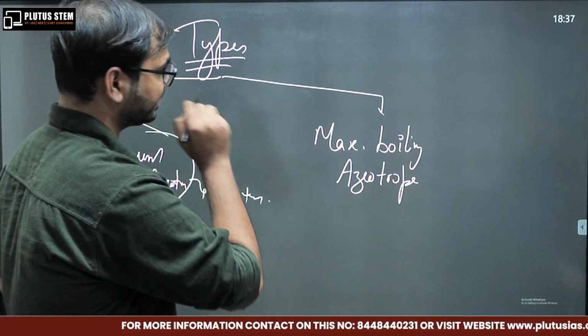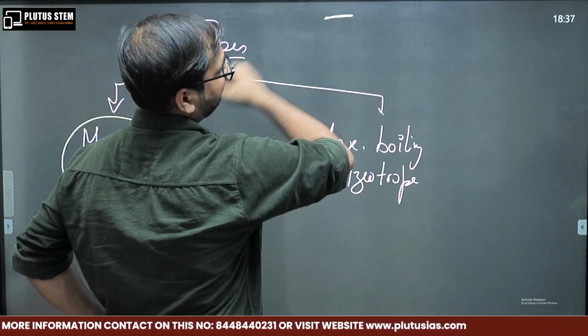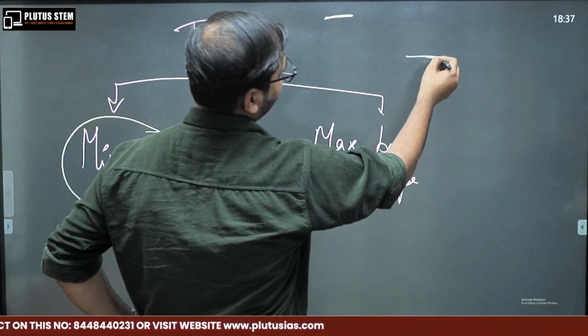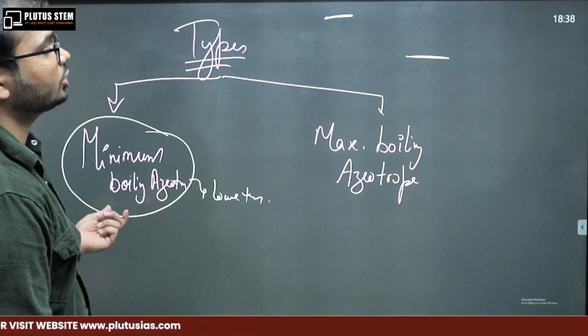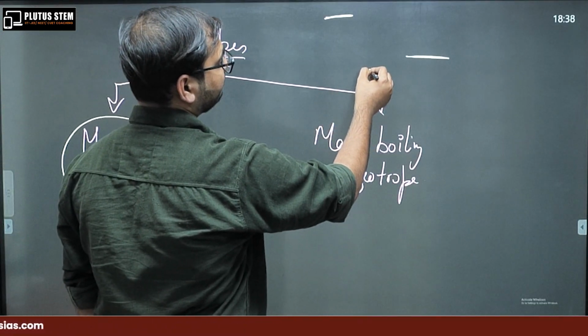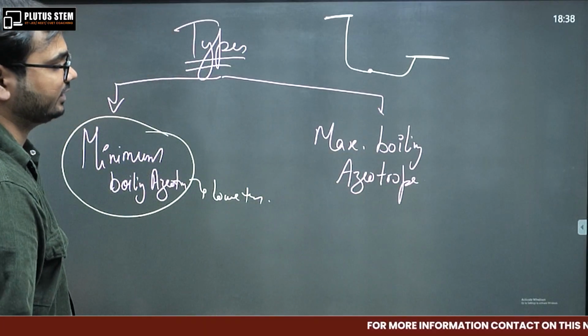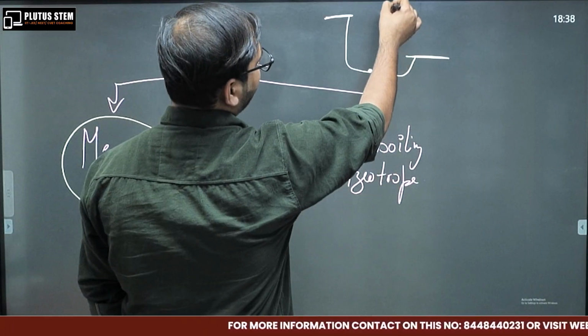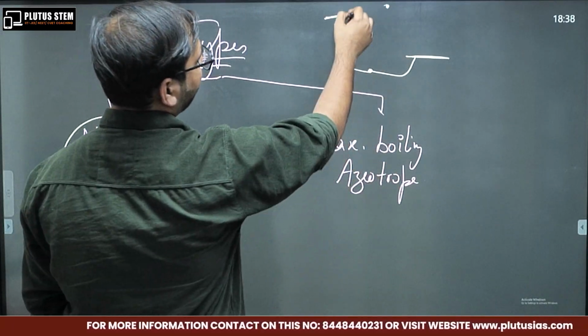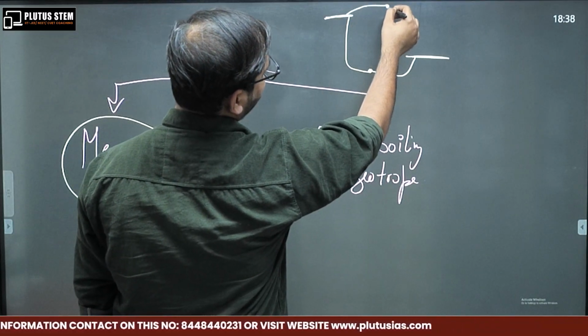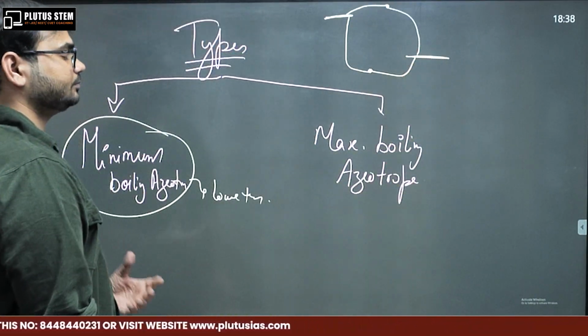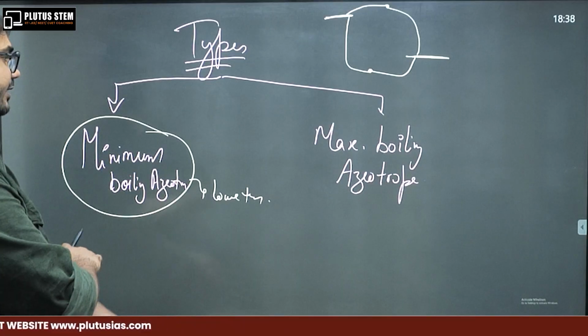Let's say your solvent has a boiling point somewhere here and the solute has some boiling point here. This azeotropic mixture boils at a temperature lower than either the solute or the solvent. Maximum boiling azeotropes have the exact opposite condition, where the boiling point of the solution is higher than both the solute and the solvent.